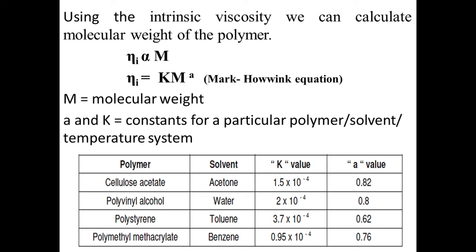Next we will take polyvinyl alcohol as a polymer. Solvent is water. K value is 2 into 10 to the minus 4. A value is 0.8. By knowing the K, A and intrinsic viscosity value, we can calculate the molecular weight of the polyvinyl alcohol. Same as it is polystyrene, polymethyl methacrylate.